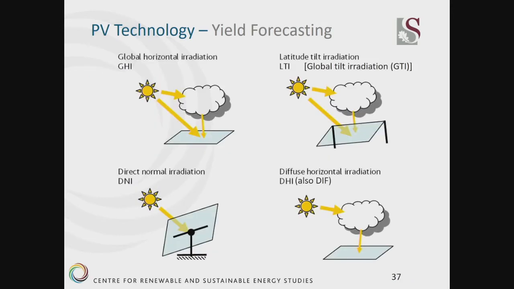So when you get this irradiance data, there are a couple of terms that you might not be familiar with. First off, we have global horizontal irradiance, and this includes all the irradiance from the sun, direct irradiance, or diffused irradiance, so going through a cloud.